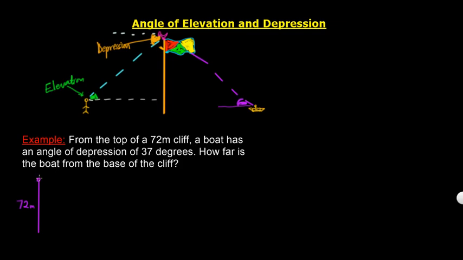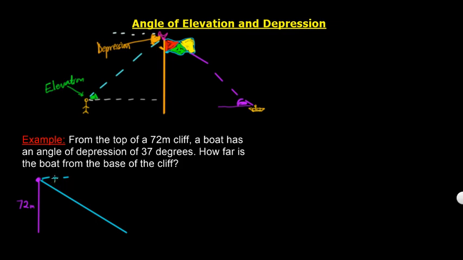Remember, the top of the cliff is our concern. So there is a particular boat that has an angle of depression of 37 degrees. Remember, the top is supposed to be looking straight this way, but now it's forming an angle of depression to look at a particular object.